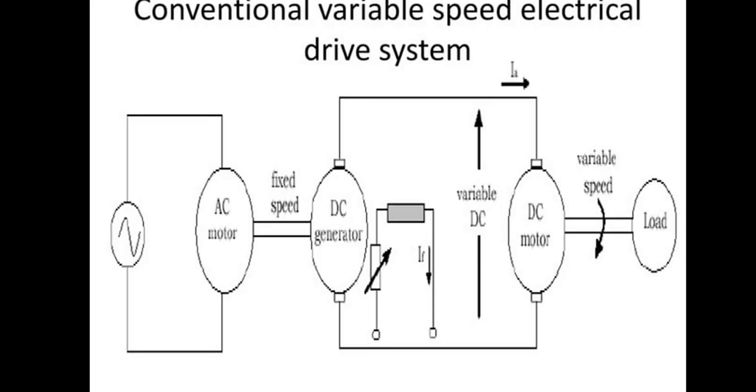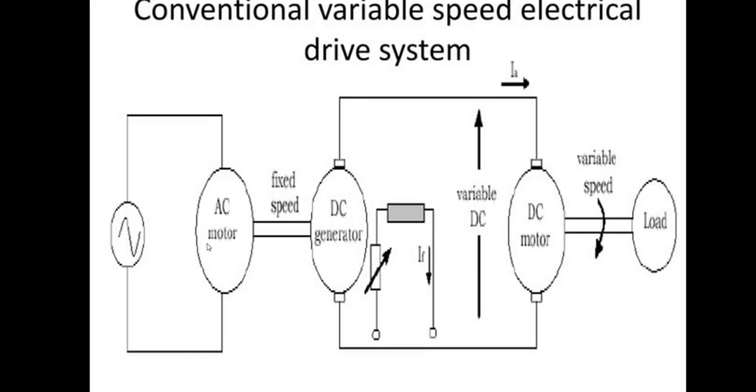Before explaining the construction, we discuss the components of the drive system: the AC motor, the DC generator, the DC motor and the load. First of all, the AC motor operates at a constant speed using the AC supply.